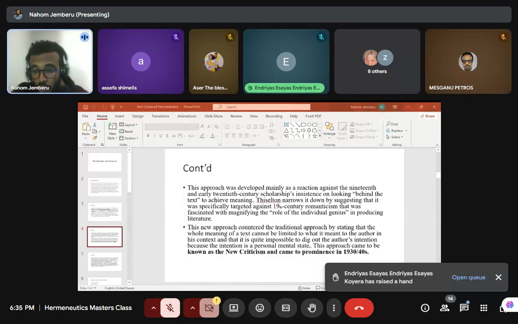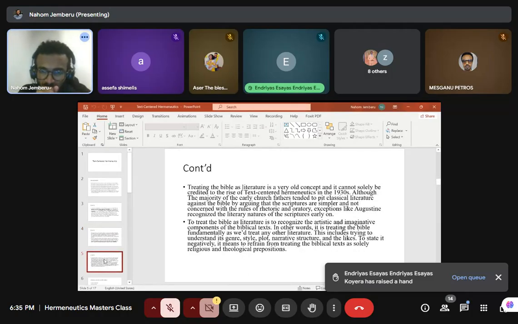So it was a response. The modern version of the text-centered approach is called new criticism. So if you read new criticism, think of text-centered approach.